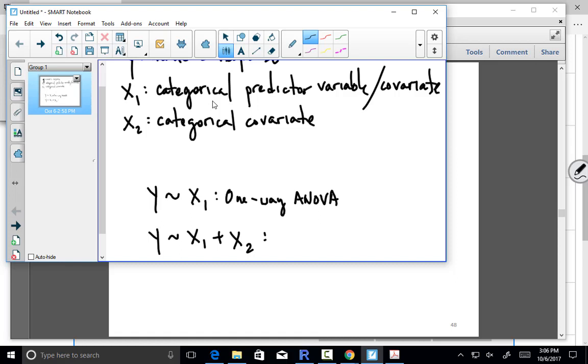Do you get the placebo pill or do you get the experimental pill? And I'm also going to control for your gender or your race. Now there's two predictor variables or covariates that are involved in our model. That's an example of two-way ANOVA. The one-way / two-way designation has to do with how many factors are we including in our model. One-way is one factor, two-way is two factors.